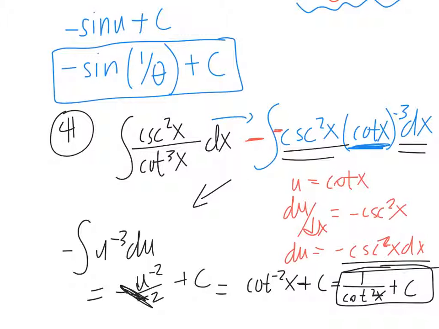Oh, I just realized I lost my 2 when I looked back at it. So if you look back over here, there was a 2 on the bottom. So that should have been a 1/2. So there should be a 2 in front of that cotangent. So anyway, they changed it to 1/2 tangent squared. And then for some reason they changed that to secant squared. But I don't really know why you would need to do that. We can just leave it there if you want.